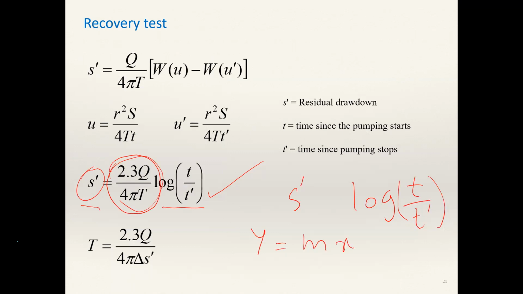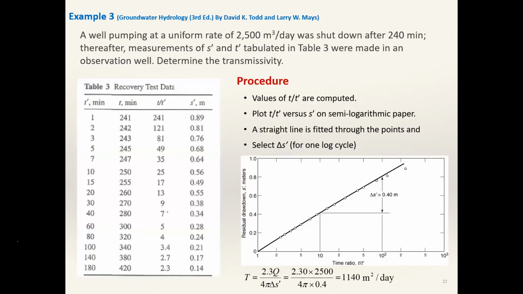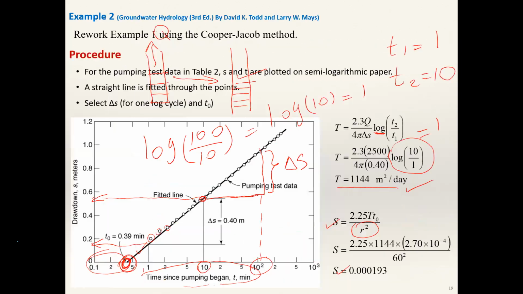M is the gradient, which is equal to this one. So you find out the gradient and make it equal to that 2.3 Q over 4 pi T delta S dash. That's it. Right? So that you have the transmissivity estimated. The transmissivity that you estimate using the recovery data can be compared with the values that you get from your pumping test.